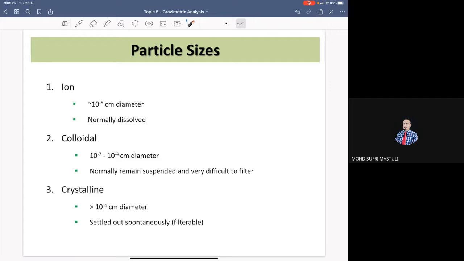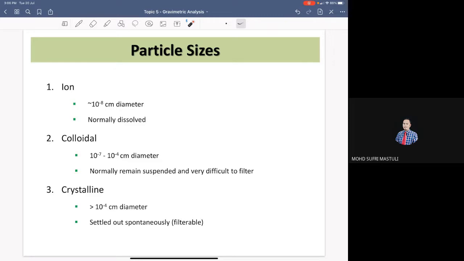If it is ion, the diameter is about 10 to the power minus 8 centimeters. Normally, ion is dissolved in a solvent. The colloidal is slightly bigger, with a diameter between 10 to the power minus 7 to 10 to the power minus 4.